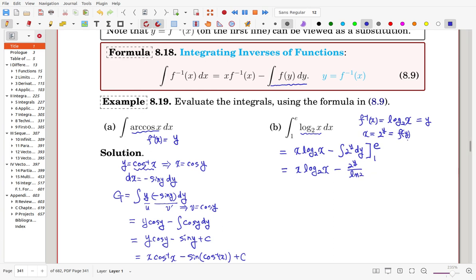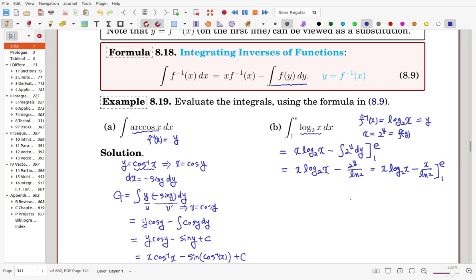Now, what is 2 to the y? 2 to the y is x, so we can write down this one here: x times log base 2 of x, and minus x over logarithm 2. And we evaluate from 1 to e, right?